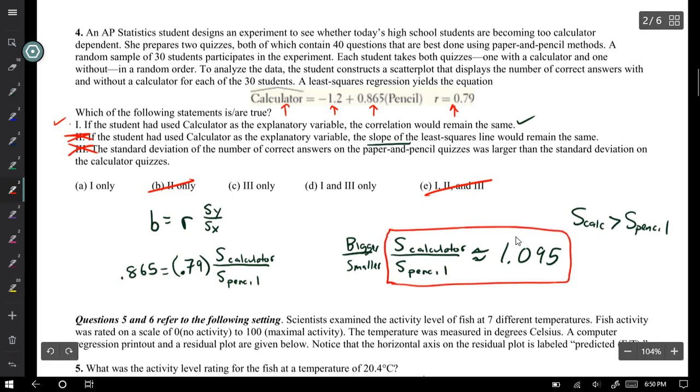What does it mean to have the standard deviation of the y variable over the x variable being 1.095 or close to 1.095? Well, it means that the standard deviation of the y is bigger than the standard deviation of the x because the number is greater than 1. So the value on top has to be bigger than the value on the bottom. So that eliminates 3.